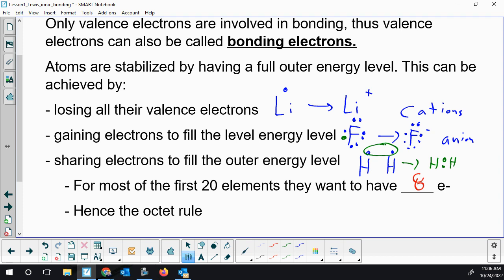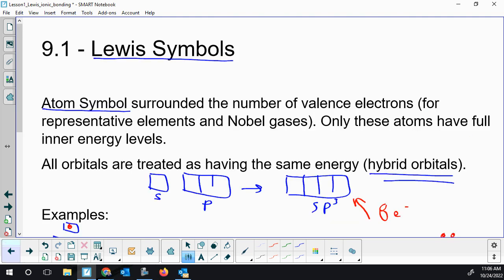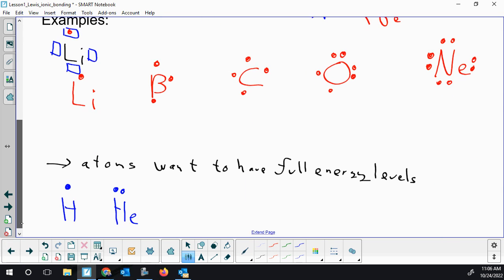So we're going to talk a little bit about ionic bonding next and drawing Lewis symbols for ions. We saw Lewis symbols for neutral species on our opening slide. We're going to start adding and removing some dots.